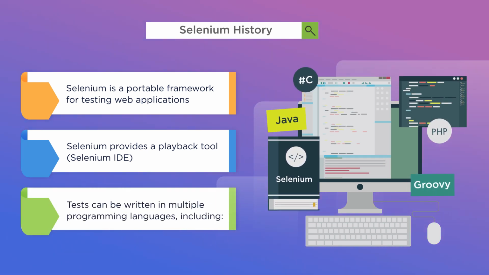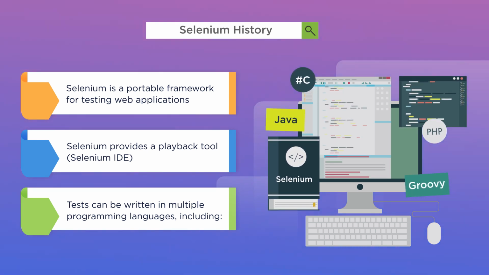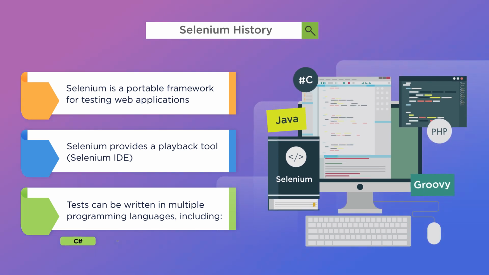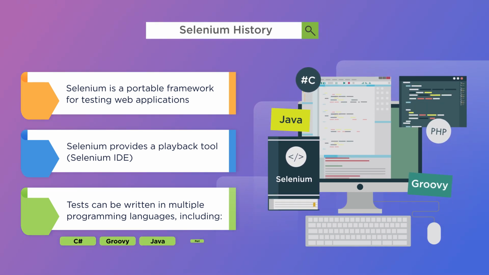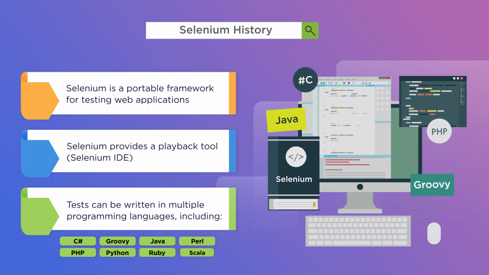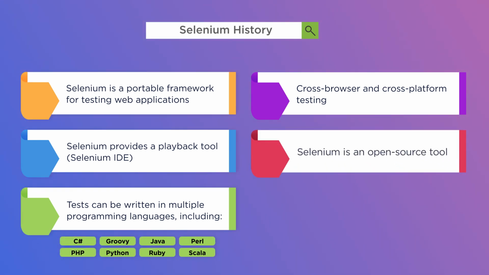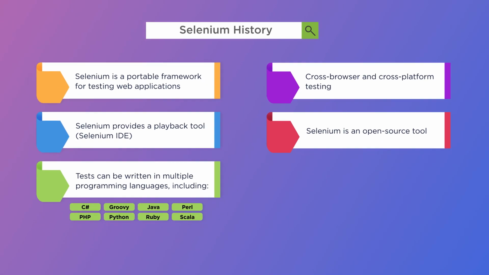It also provides a test domain-specific language, Selenese, to write tests in a number of popular programming languages, including C#, Groovy, Java, Perl, PHP, Python, Ruby, and Scala. The tests can then run against most of the modern web browsers, such as Google Chrome and Firefox. Selenium runs on Windows, Linux, and Mac OS. It is open source software released under the Apache License 2.0.